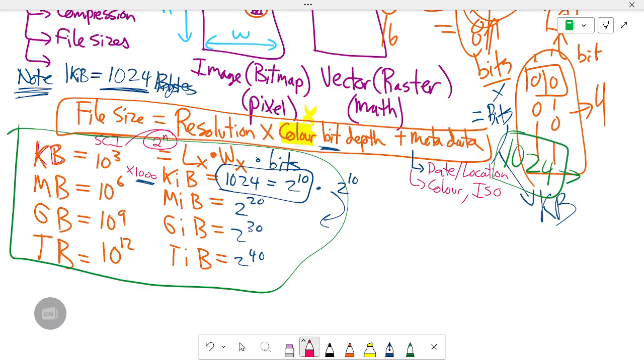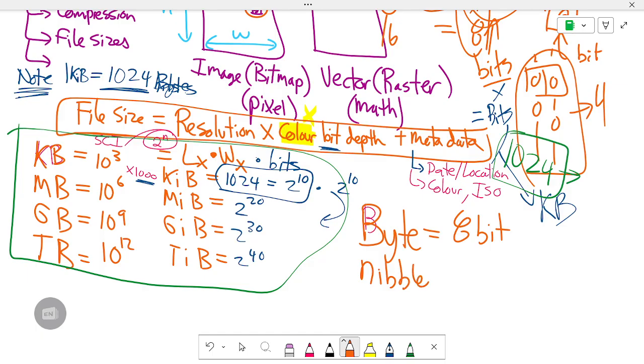Also, just note in here, a byte is equal to what? This is something you need to know. A byte is how many bits? A byte is 8 bits. This is something you should know. A nibble is equal to 4 bits.